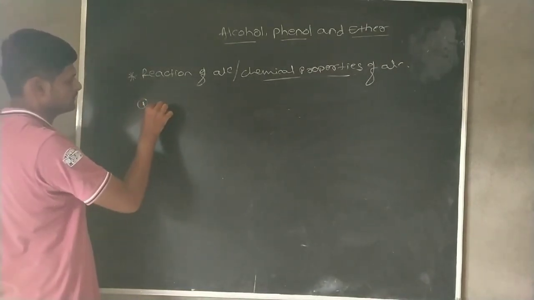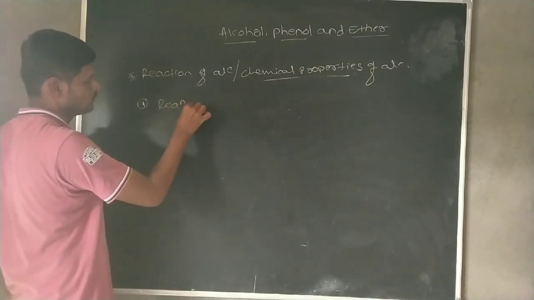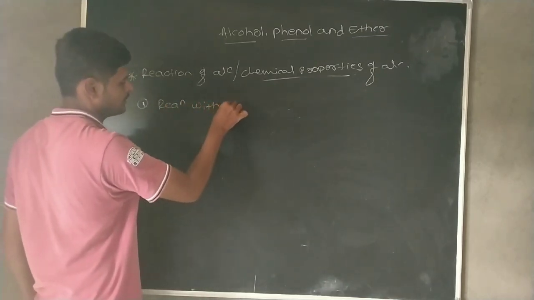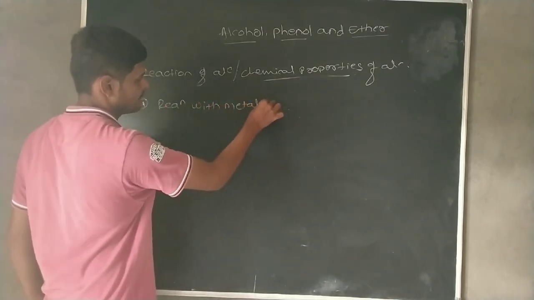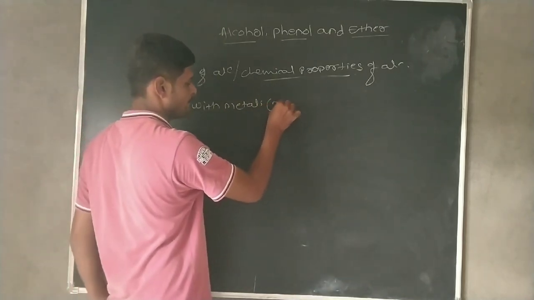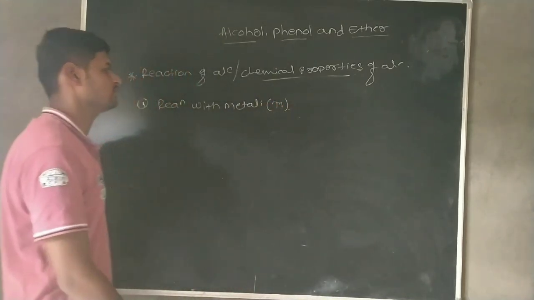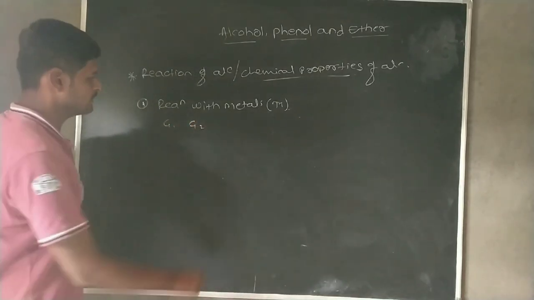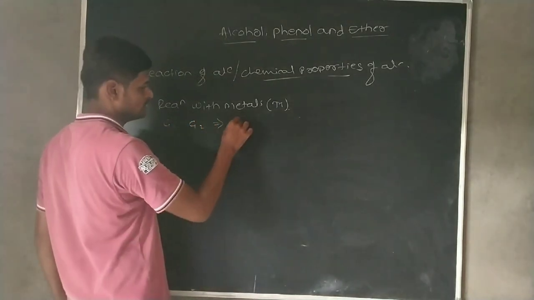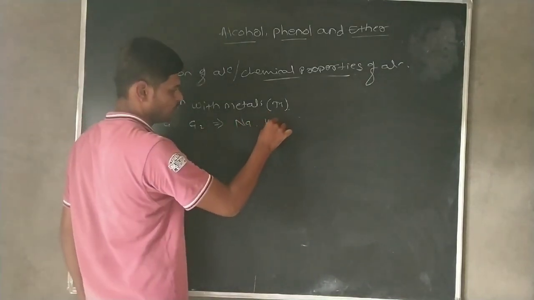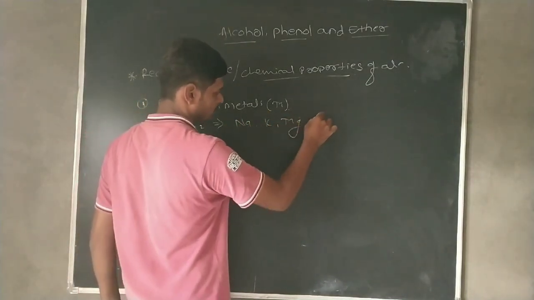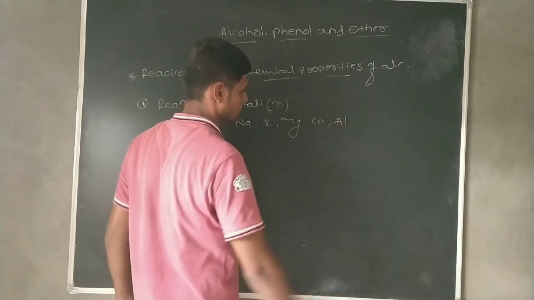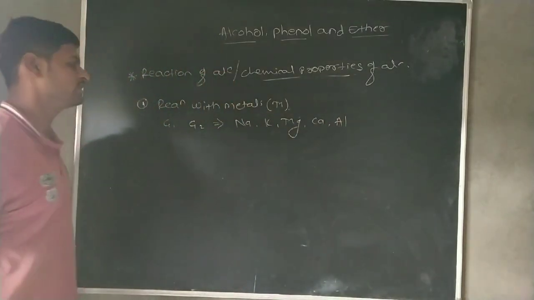The first reaction is the reaction of alcohol with metals. Here we commonly consider M. For metals, we consider group first and group second, in which we consider sodium, potassium, magnesium, calcium, as well as aluminium.